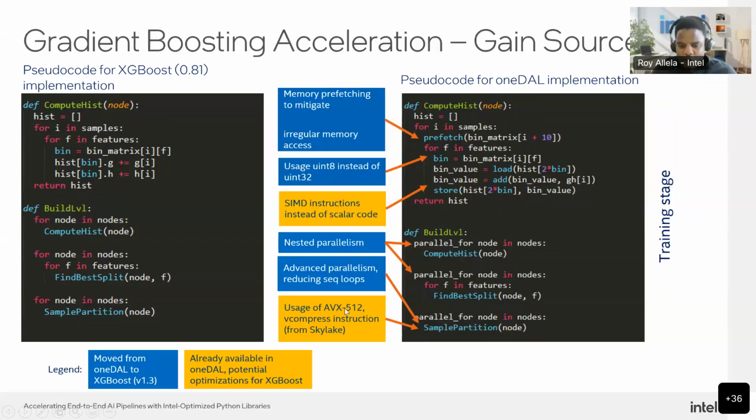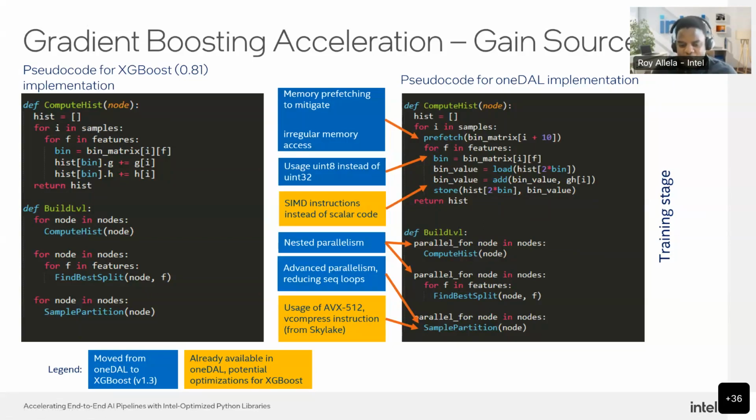And finally, also the usage of AVX512 instructions, being aware of the hardware capabilities. If the hardware has AVX512 instructions, it will leverage that, or if it has AVX2, it will use the existing hardware instruction for the runtime, which was not available before we did the optimization.